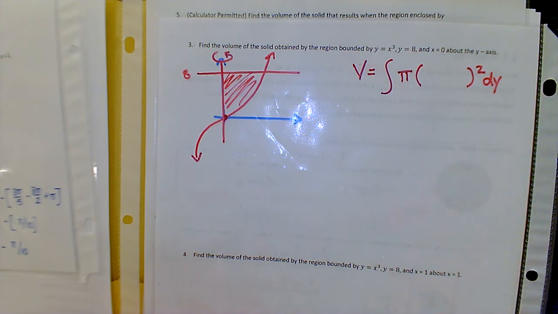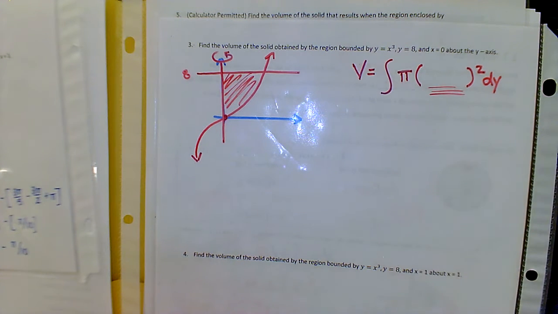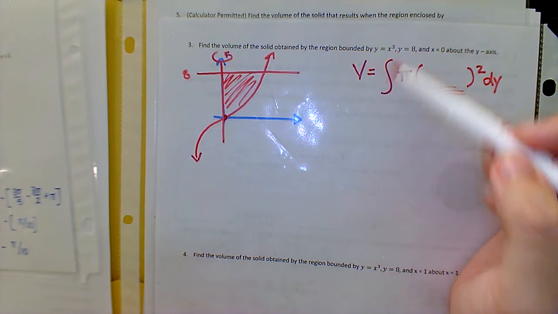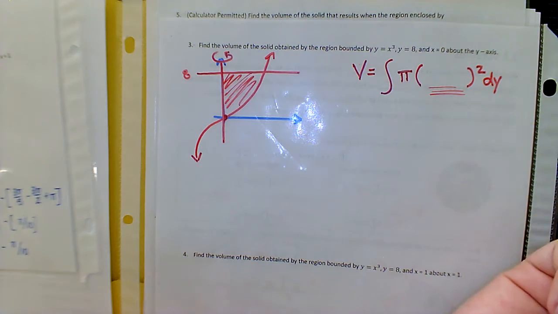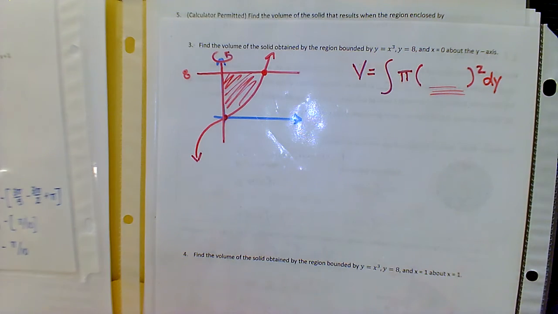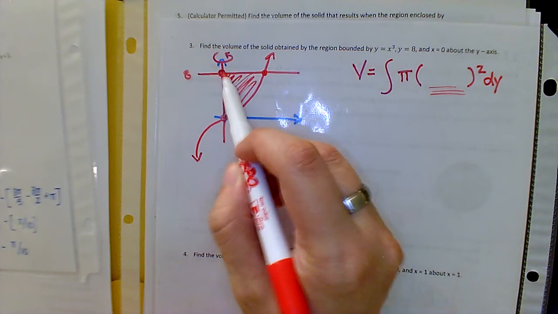All right, so we have to figure out two things. If we have a dy integral, we got to make sure we have y's within that radius spot. And not only should the radius represent y's, but the bounds should represent the y-axis beginning and ending points as well. Okay, so what do we want to tackle first? Do we want to do the radius? Do we want to try the bounds? Bounds. Okay, so we start at 0 and we go up to 8.